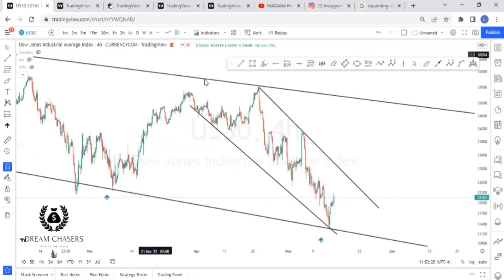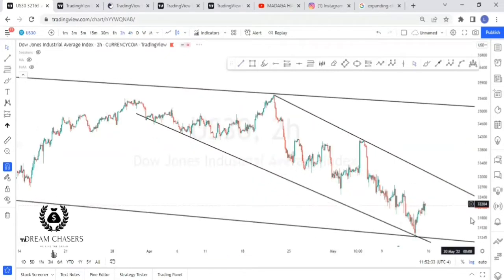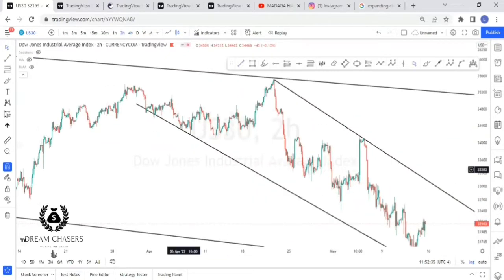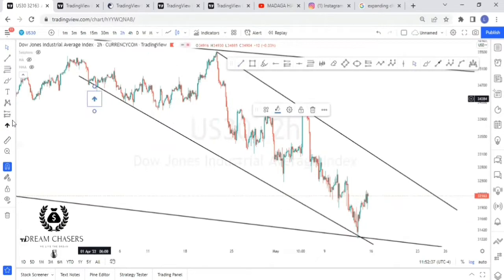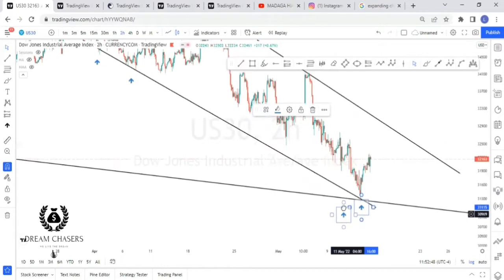Looking at this, the market is giving us that touch also on this point. You see that you have a touch here, and also a touch here. As you know, 2 touches confirm a trend, and now we have this touch here. 2 dead touches over there that we have.